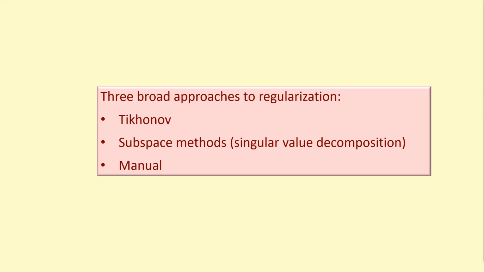Regularization strategies fall into three broad categories, all of which are supported by PEST. One of these is Tikhonov regularization. Another is subspace methods, of which singular value decomposition is the flagship. And then there is manual regularization, which is actually the subject of this video.